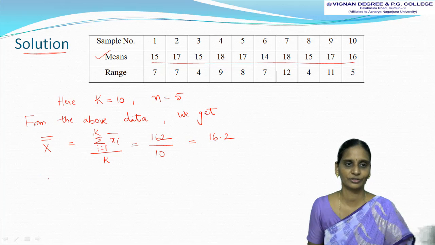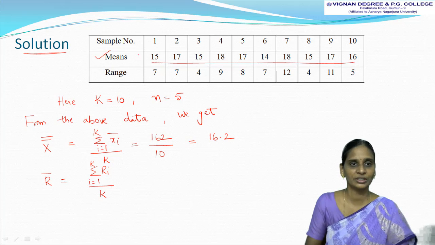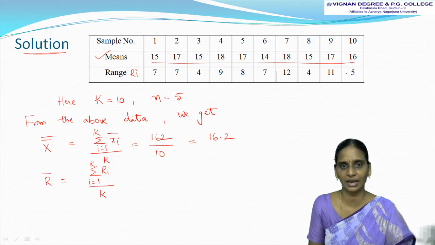And also we have to find out the average of range value, that can be denoted as R bar. So R bar is equal to summation i is equal to 1 to K, Ri divided by K. These are the range values of the 10 samples.